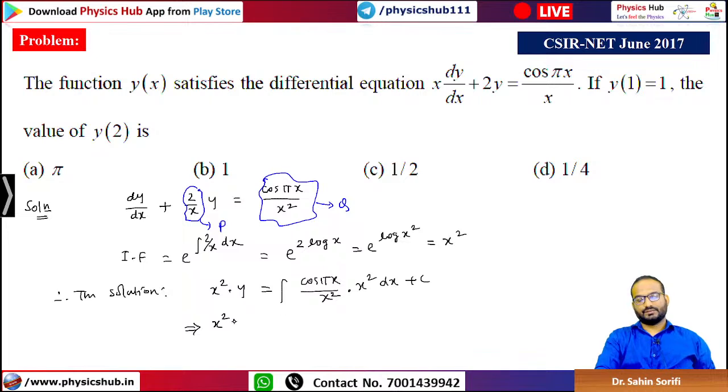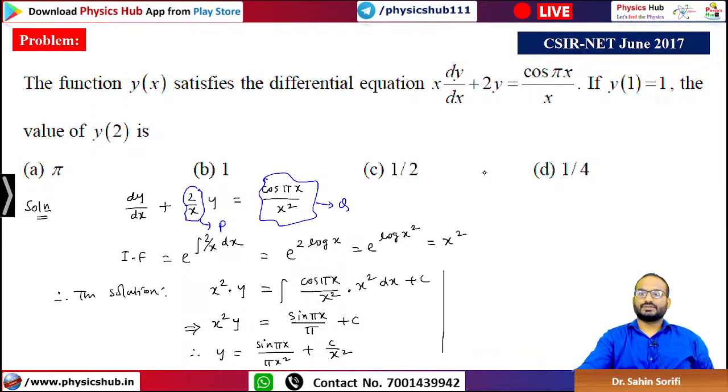A, B, C, D, which one are you getting? X square getting cancelled, so sin pi x by pi plus c. So y equals sin pi x by pi x square plus c by x square.